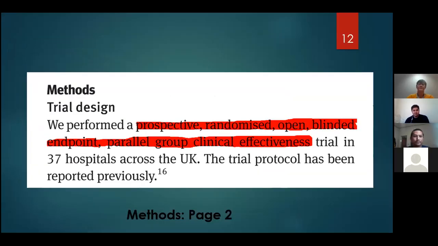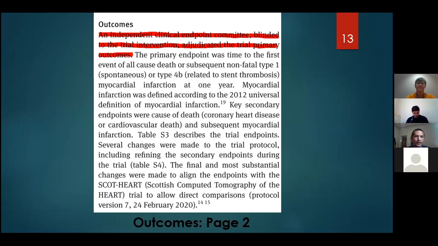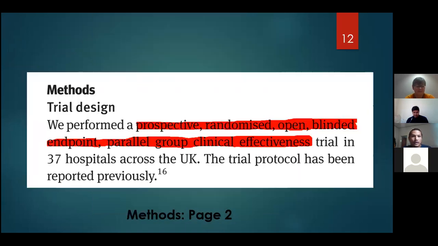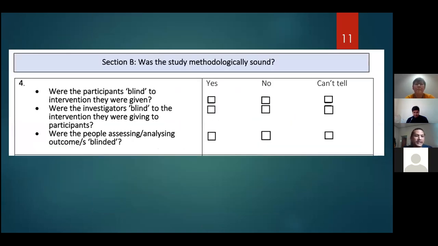If you go to page 2, under outcome, the first paragraph says that an independent clinical endpoint committee, blinded to the trial intervention, adjudicated the trial primary outcome. So the people assessing and analyzing outcomes were blinded.